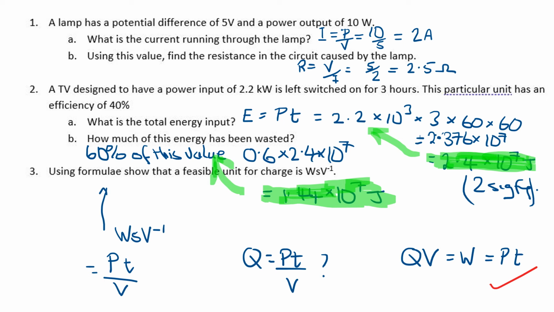So we can write that as PT over V. So the question is Q equal to PT over V? So a quick rearrangement there shows that QV equals work, which also equals PT. So this is a feasible unit. We've shown that.